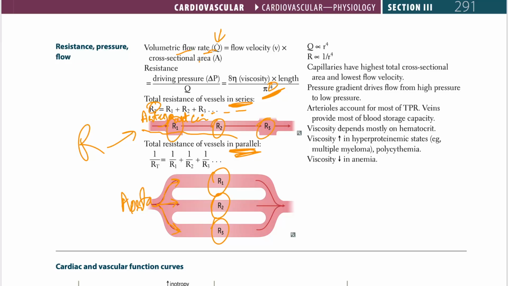But in parallel, everything is the same. In other words, the blood that is going here, eventually you're decreasing with R3. But in the aorta, you have equal resistance in each one of them, because it's an equal amount of blood going into R1, R2, and R3. So just read a little bit from here.